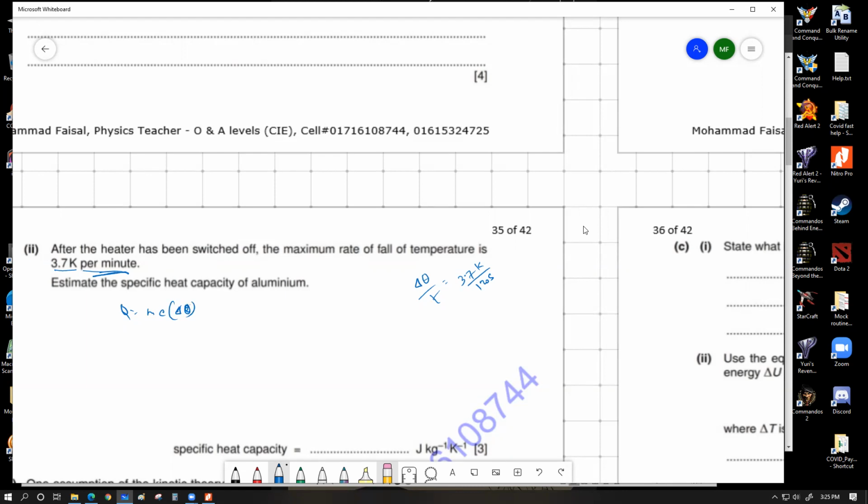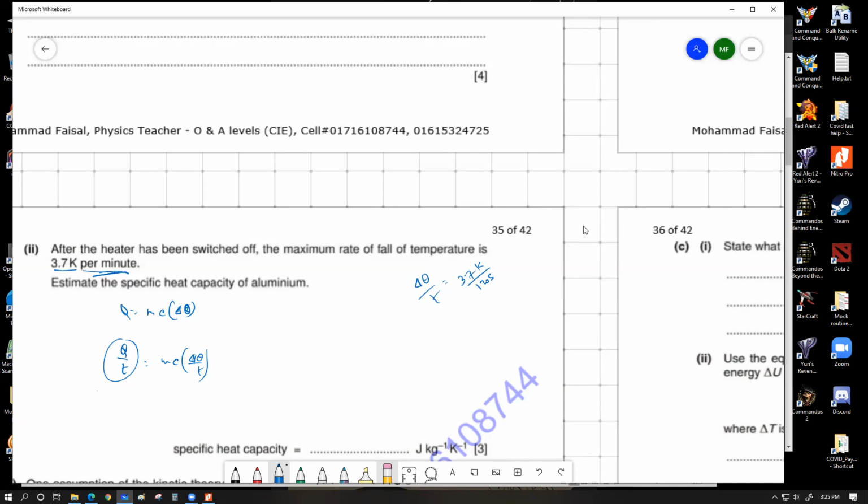So Q over t equals m c delta theta over t. This Q over t is basically the rate of heat loss, which happens to be equal to the rate of heat gain right at the instant of switching off the heater. And delta theta over t is going to be 3.7 Kelvin divided by 120 seconds.